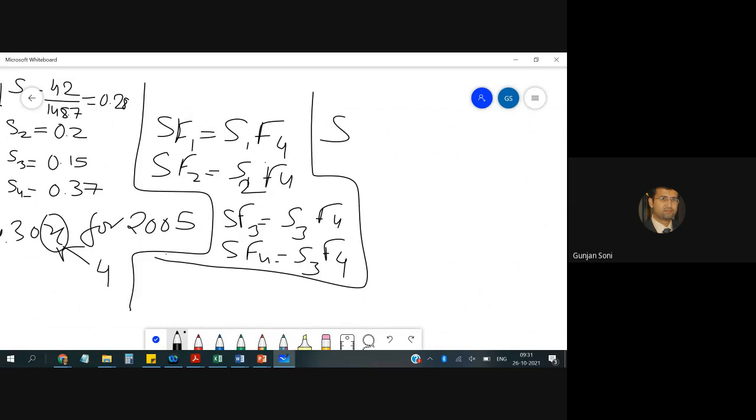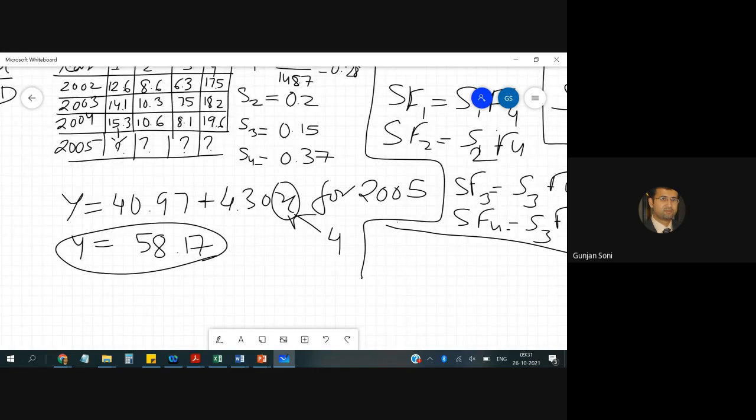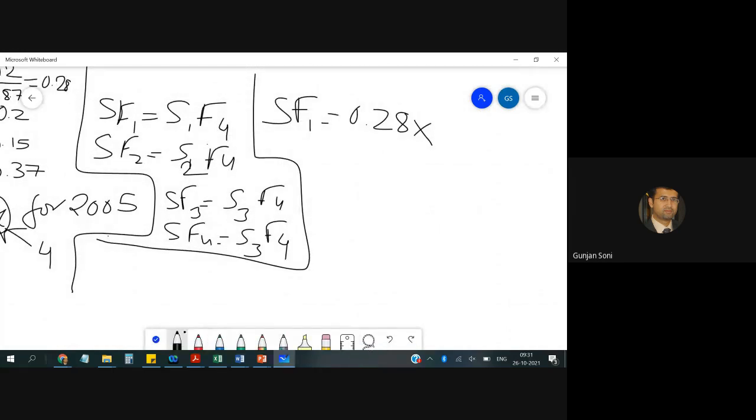So SF1 will be 0.28 multiplied with, what was that value? 58.17. So that value is coming out to be 16.28. SF2 will be 11.63.